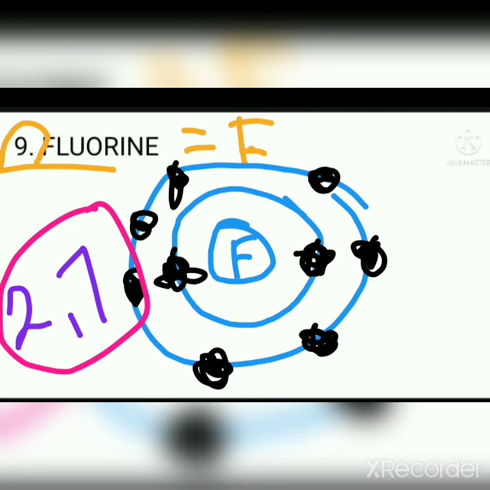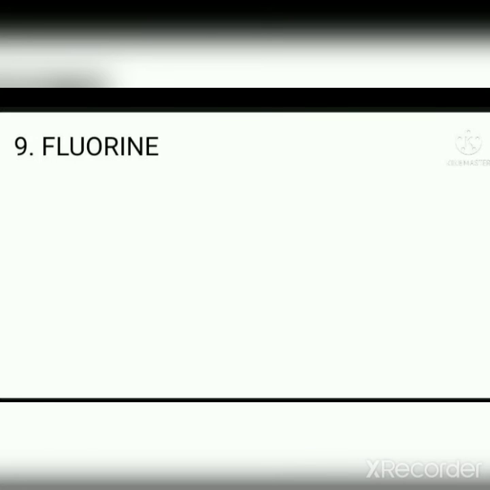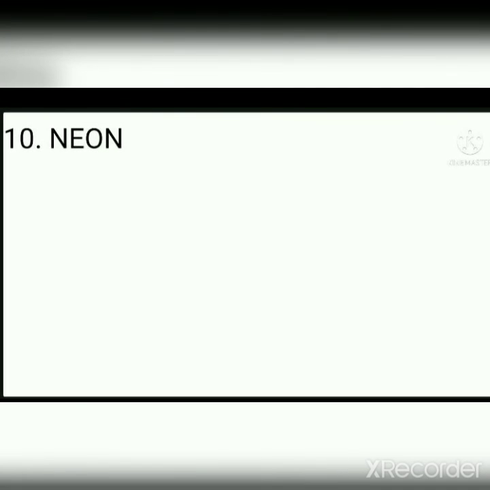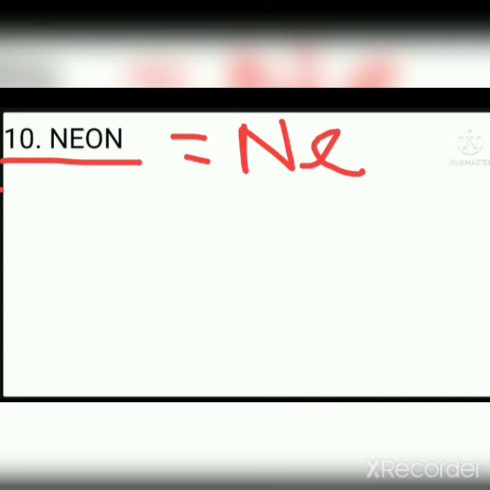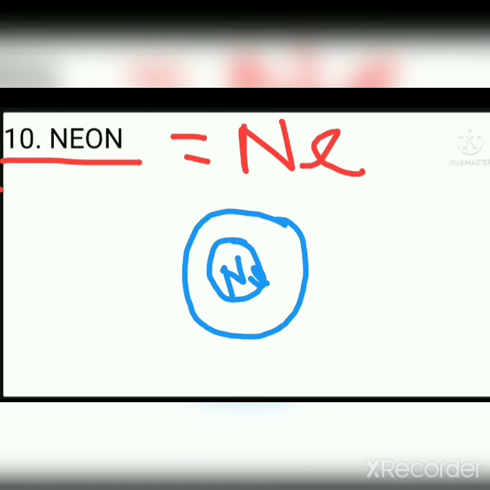Coming to the next and last one, that is neon. How will you take out the electronic configuration of neon? First I see the atomic number of neon, which is 10, and the symbol of neon is Ne. I will first make a circle and write the symbol Ne in it. Then I will make another circle with the maximum number, that is 2.